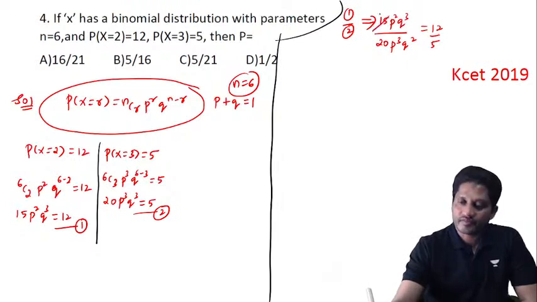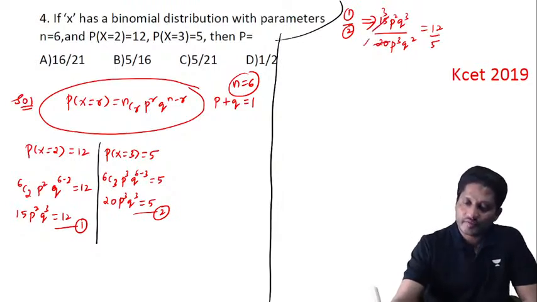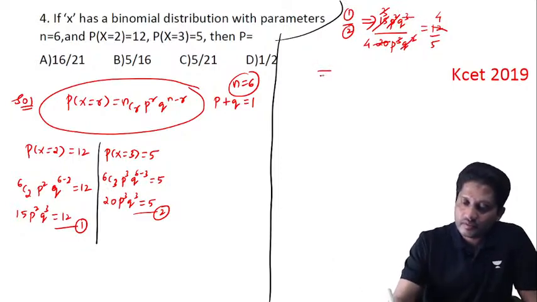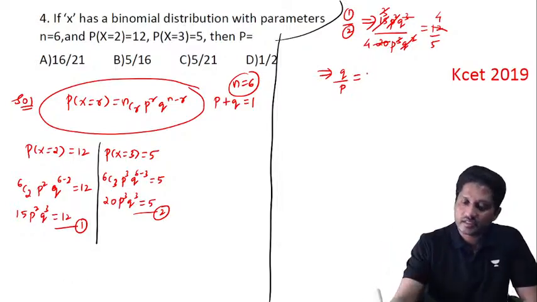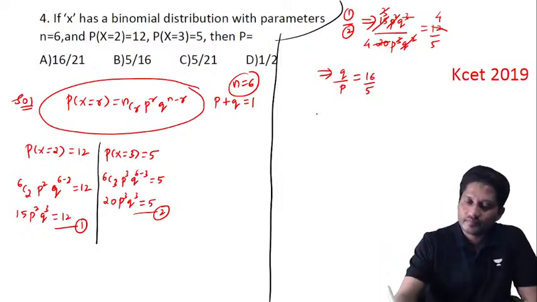Now 5 3 is 15, 5 4 is 20, and then 12 cancels 4 times, 4 3 is 12. p square will cancel with p cube, q square will cancel with q cube. Left out is q divided by p is equal to 4 by 3. If I cross multiply, you will get 16 by 5 and further cross multiply, you will get 5q is equal to 16p.